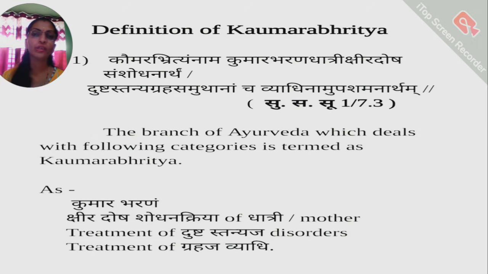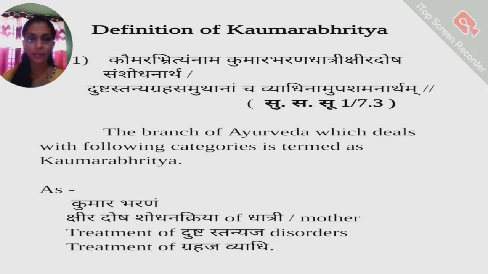So, coming to the definition of Kaumarabhritya: Kaumarabhrityanam Kumarabharana Dhatri Kshira Dosha Samshodhanartam Dushtastanyagraha Samutthanam Cha Vyadhinam Upashamanartam. In Sushruta Samhita, Sutrasthana, first chapter, 7th shloka, Acharya Sushruta explains the branch of Ayurveda which deals with the following categories as Kaumarabhritya.